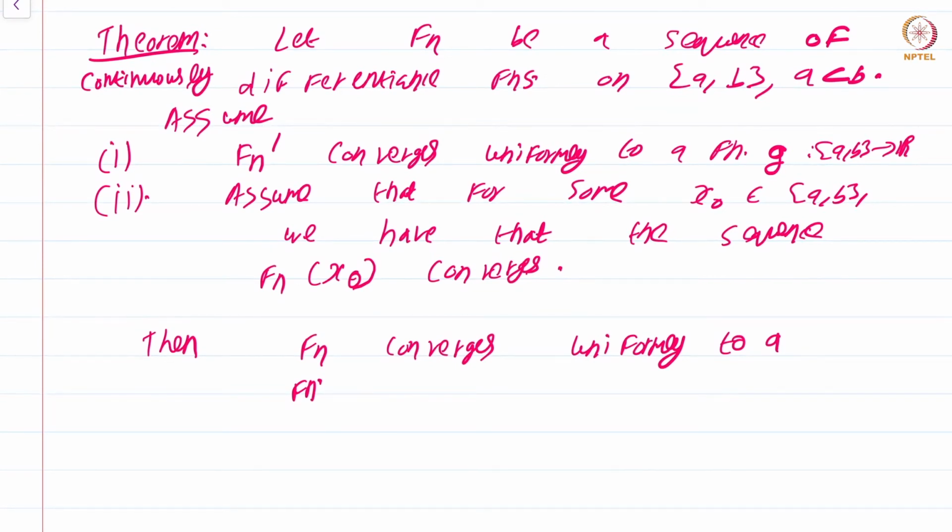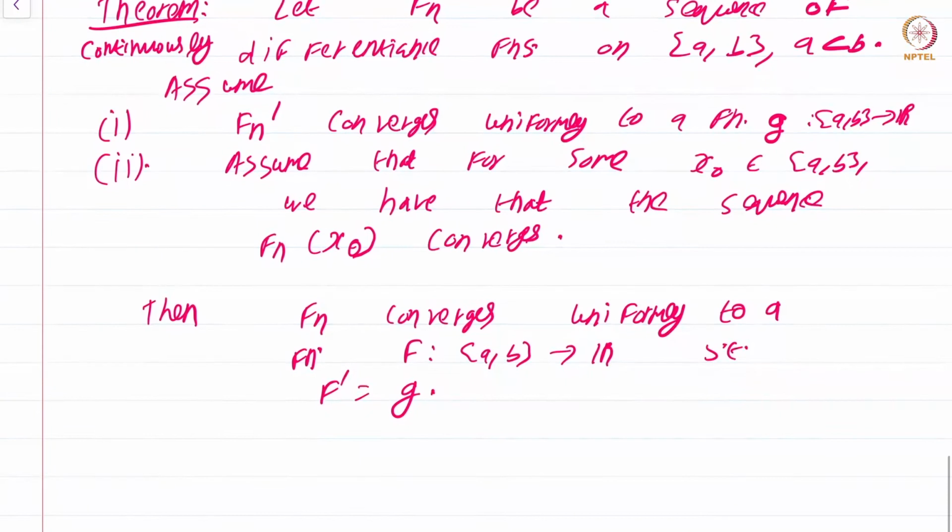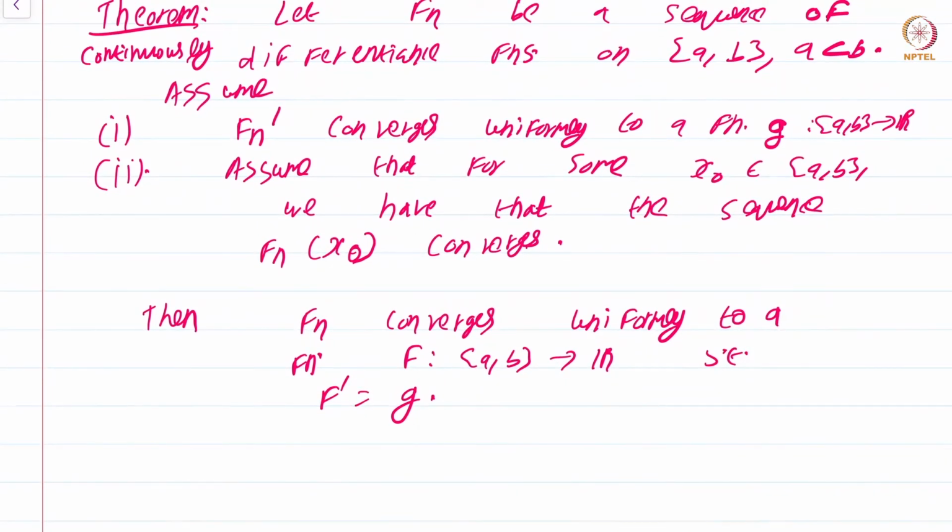Then fn converges uniformly to a function f from [a, b] to R such that f prime is nothing but g. So under hypotheses 1 and 2, the sequence fn itself converges uniformly to a function f from [a, b] to R, and not only that, the derivative of this function is the limit of the derivatives of fn.